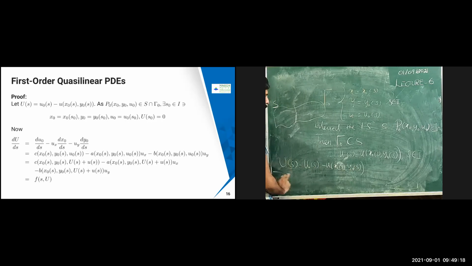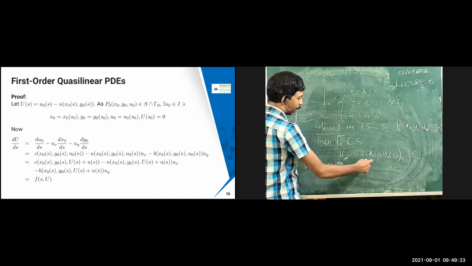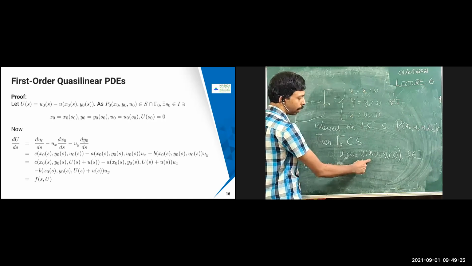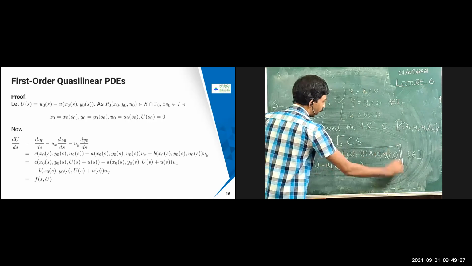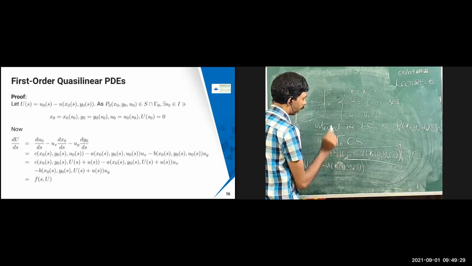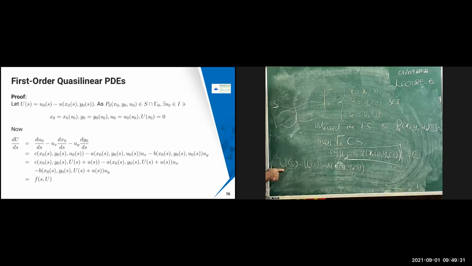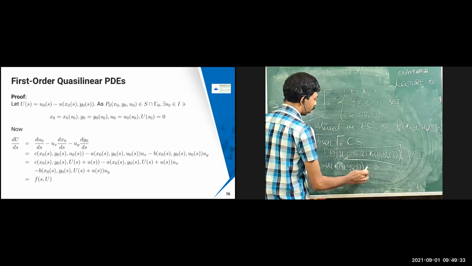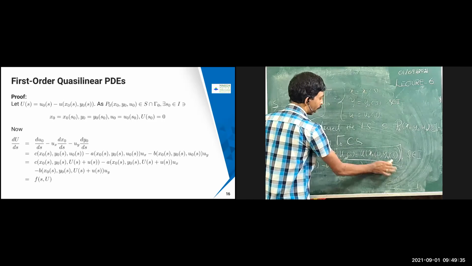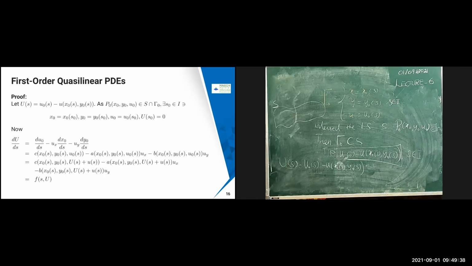What I need to prove is that, assuming all these conditions, u naught of s equals u of x naught of s comma y naught of s. Therefore, if I prove that U of s equals 0, automatically this condition is going to be satisfied. This is the one I have to prove. So I have to claim U of s equals 0.